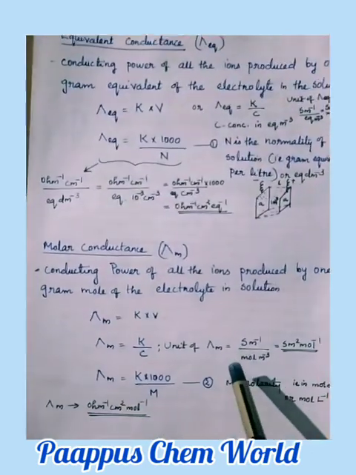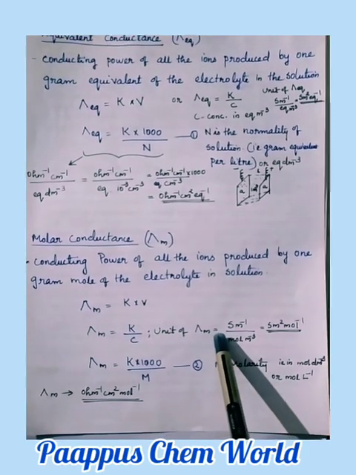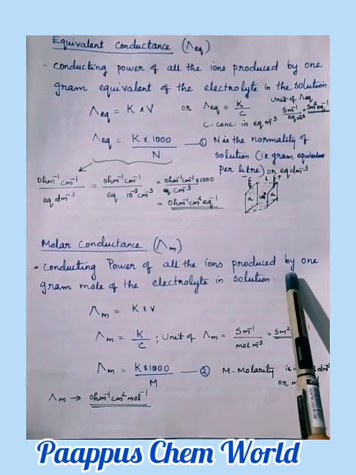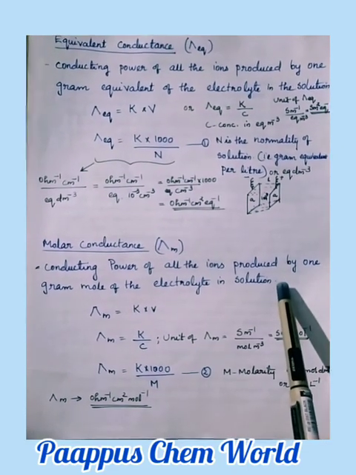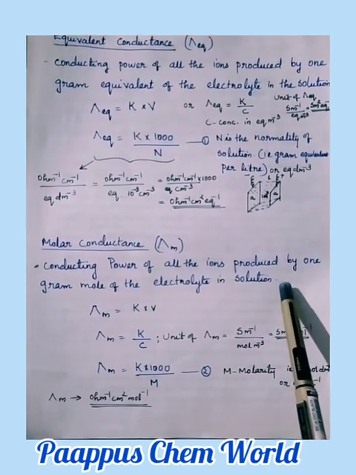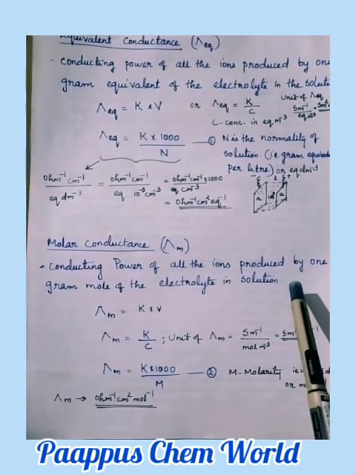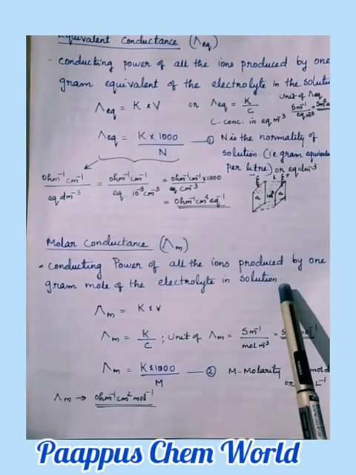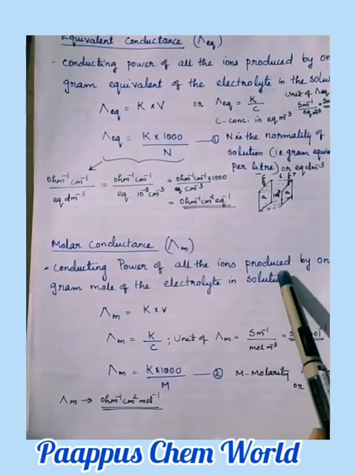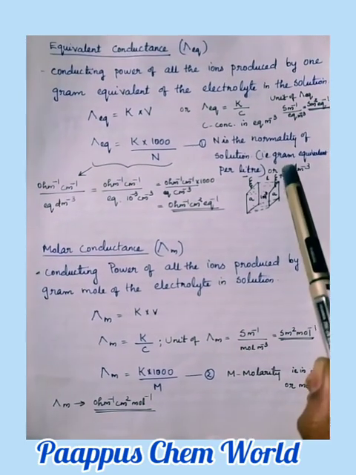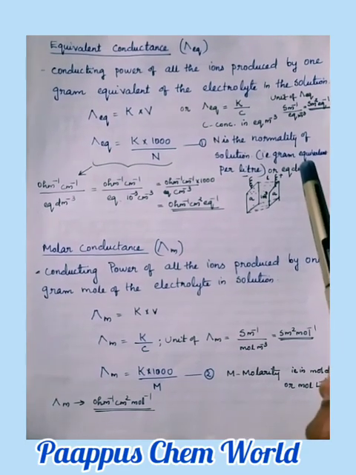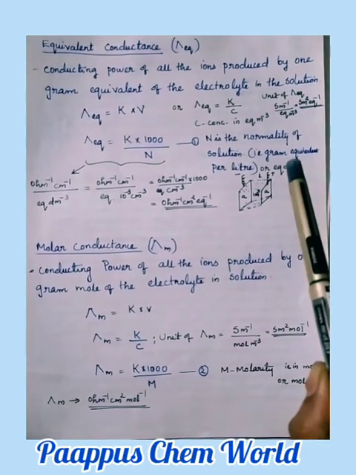Another one is molar conductance. Molar conductance is the conducting power of all the ions produced by 1 gram mole of electrolyte in solution. The only difference between equivalent conductance and molar conductance is that the equivalent conductance is the conducting power of all the ions produced by 1 gram equivalent of the electrolyte.